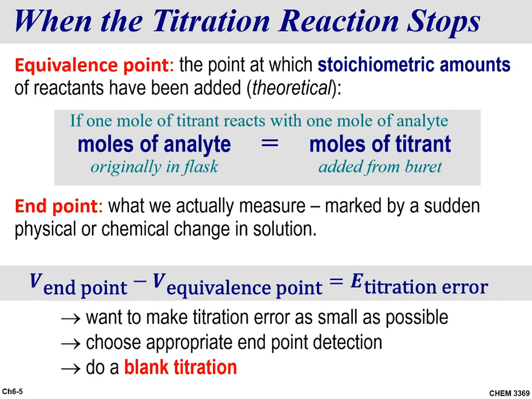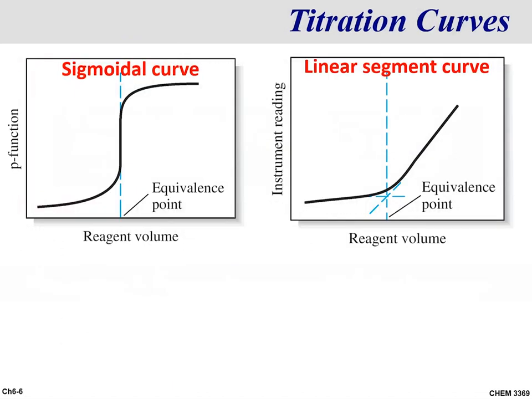All right, so it's all about minimizing the titration error. Now, in order to understand the basis of endpoint determination and the sources of titration errors, let's take a look at example titration curves.